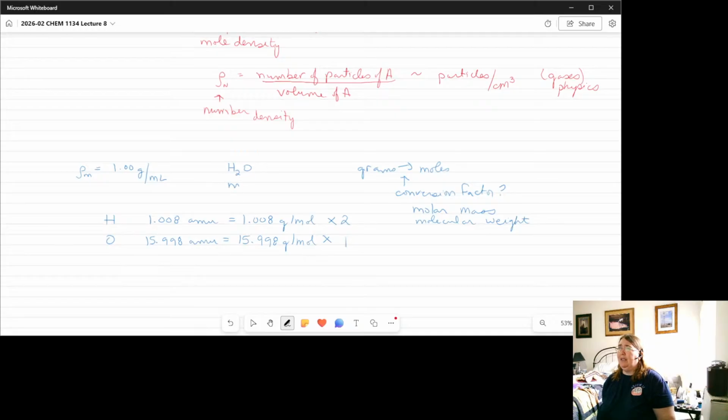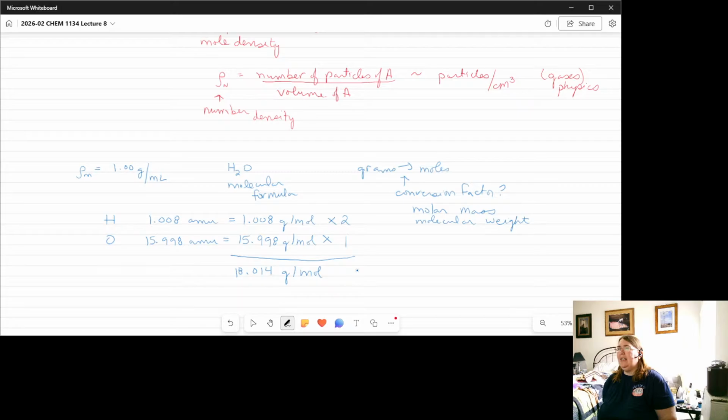This is called a molecular formula. So that gives me 18.014 grams per mole.